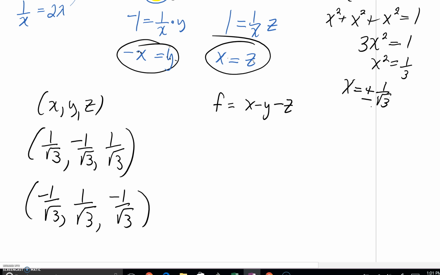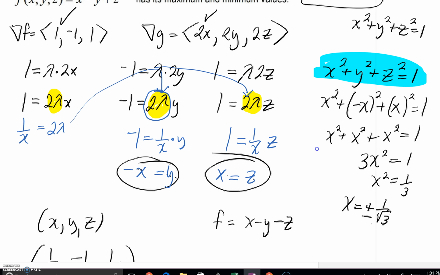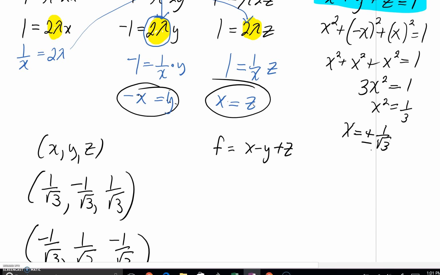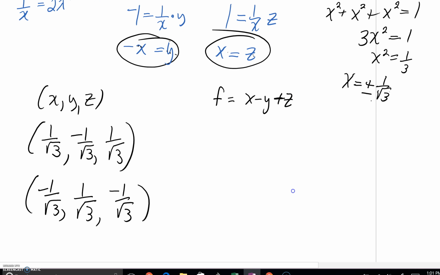Yes. Oh, is it plus z? Thank you so much. Yeah, we would have had a very funny answer. Okay, so from here we can say, well, look at this. We'd have 1 over root 3 minus a negative 1 over root 3 plus a 1 over root 3. Guess what that really becomes?